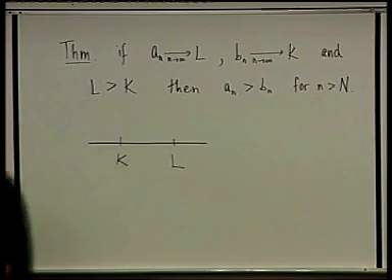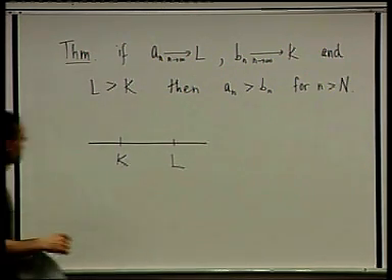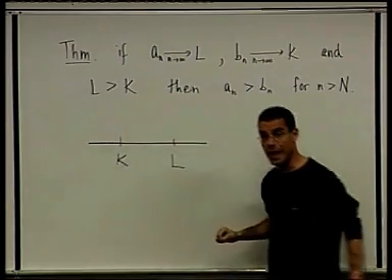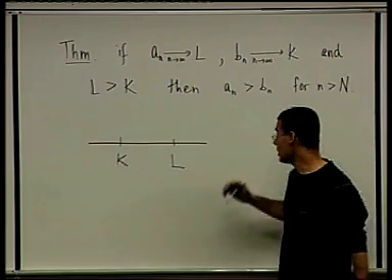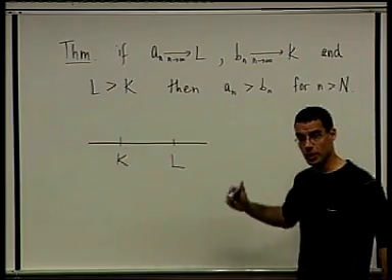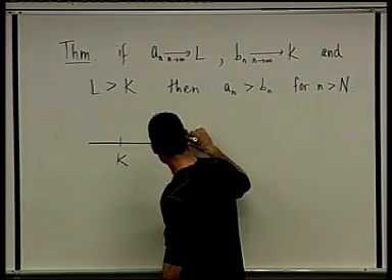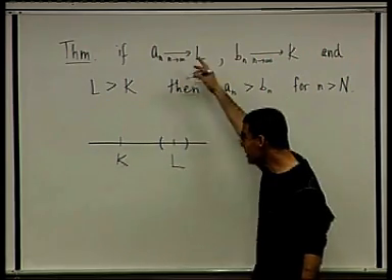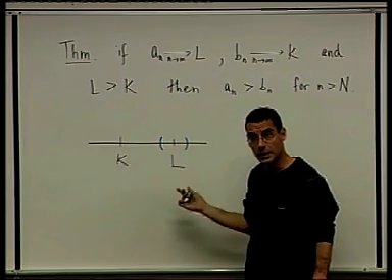What does it mean that an converges to L? It means that eventually, starting from a certain index and onwards, if I take a small neighborhood of L, all these ans are going to be here, right? That's the definition of the limit.